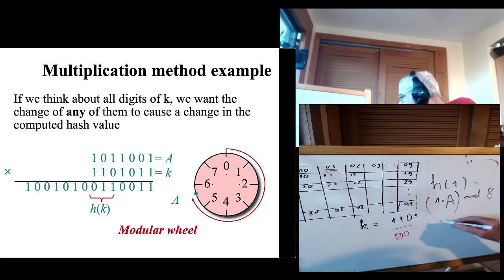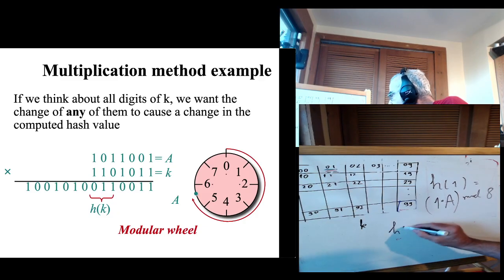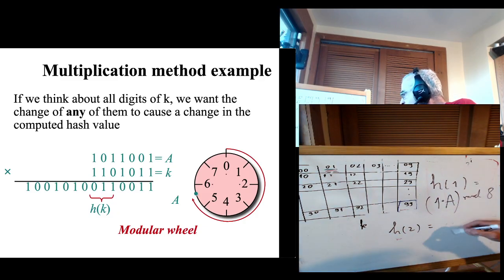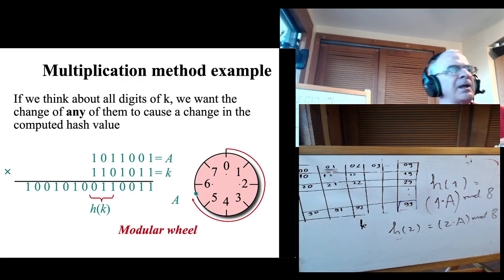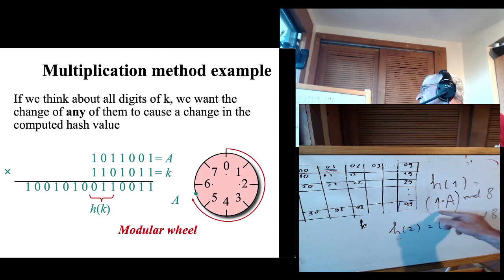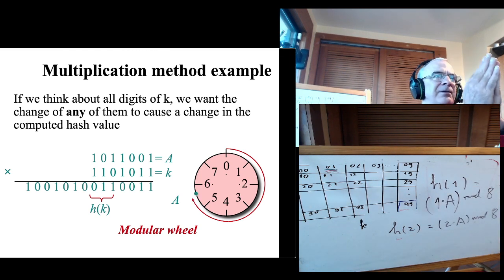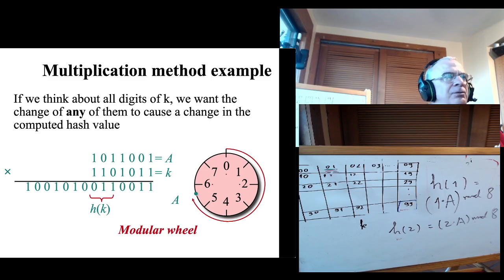And now I want to ask, where will the number h of 2, which in this formula is 2 times a modulo 8, fall? And what do I hope my hash function to do? I want my hash function to say the two keys k equal 1 and k equal 2 are different. So even though they are close to each other, I want them to fall in different locations in the hash table, far, far away, unrelated to each other.